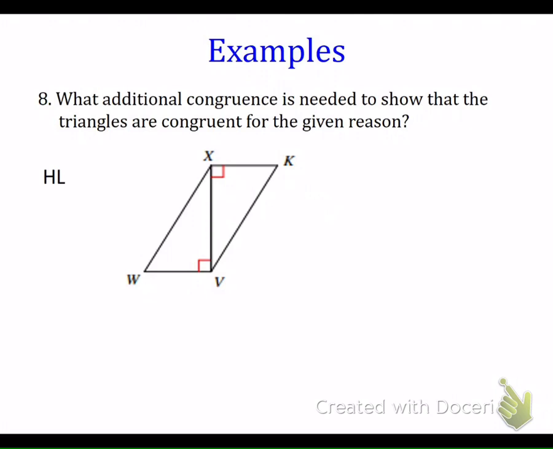The hypotenuse. There's KV and WX. Those are the hypotenuse. Yes. So again, I'm going to repeat this because it was really a problem for a lot of people yesterday.